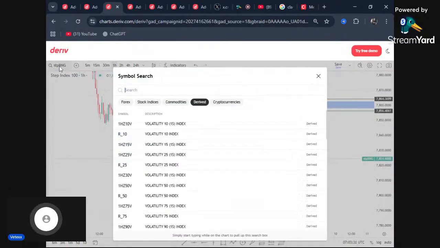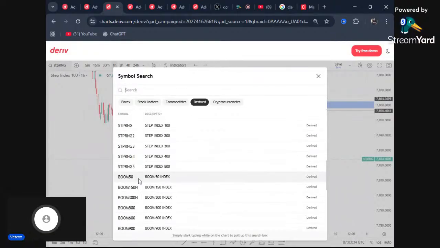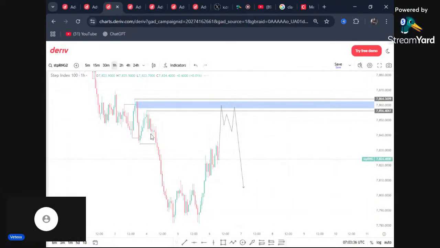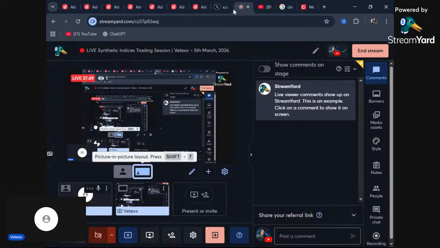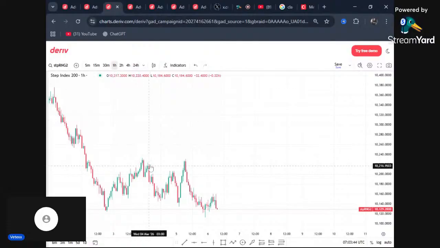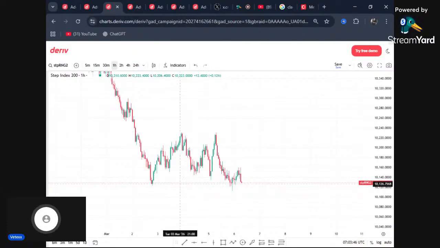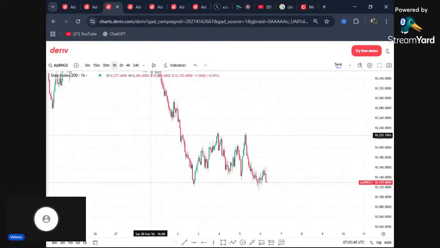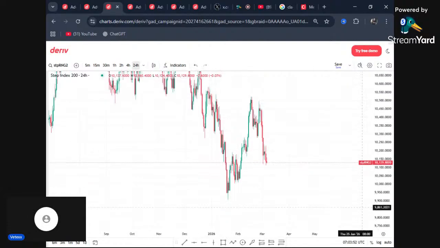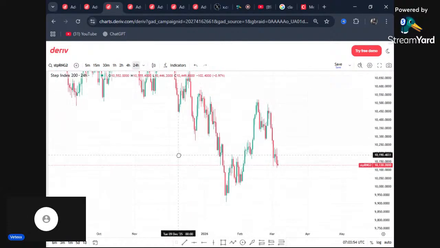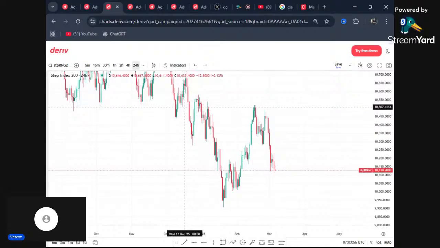Now the next pair we are going to be checking is step 200. Step 200 has been bearish on the 24-hour time frame. Step 200 has been bearish for the longest.